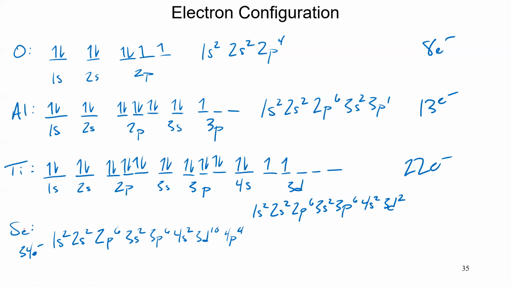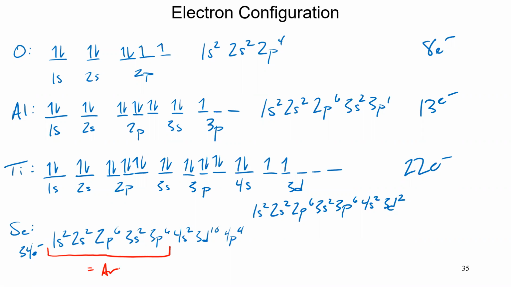And so for selenium, what's the next smallest noble gas before selenium? Argon. And so argon is 1s2, 2s2, 2p6, 3s2, 3p6, right? All of this equals argon.